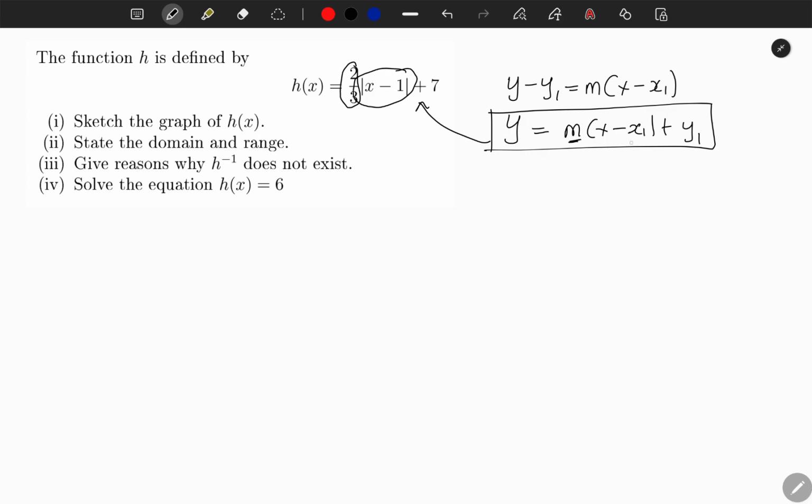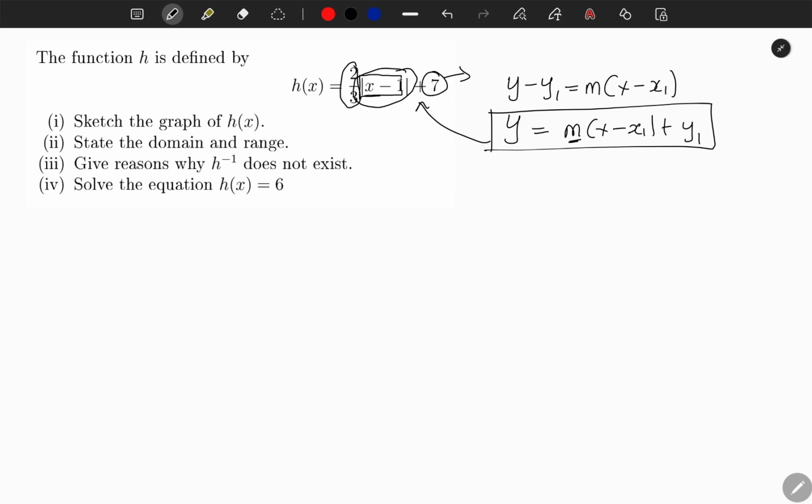And x minus 1 is what we have in the brackets, and plus y1, here just 7, which is just the intercept. Now what does this number tell you about the graph? It shifts the graph upwards because it is positive, so it's going to shift the graph 7 units upwards. And the number in here is responsible for the horizontal shift.